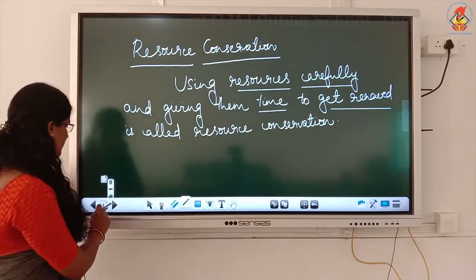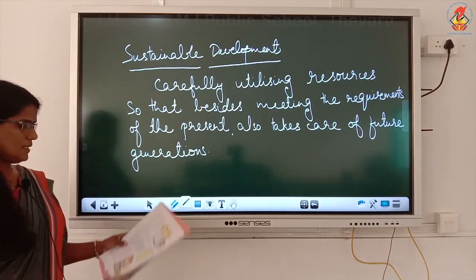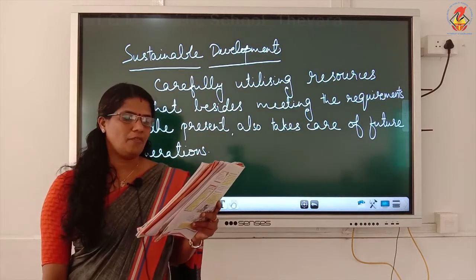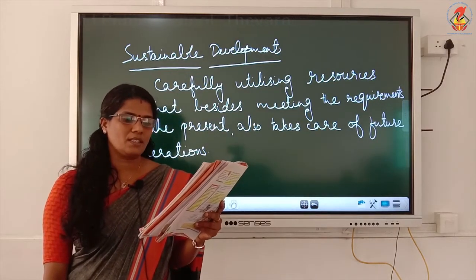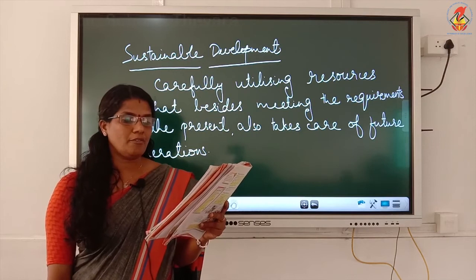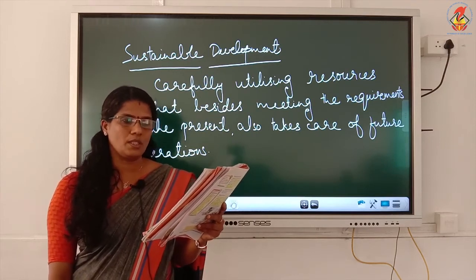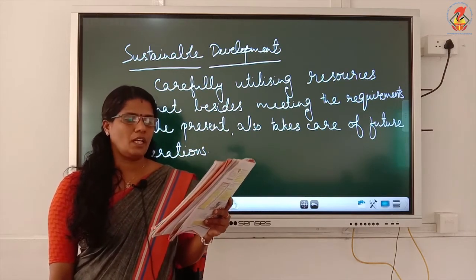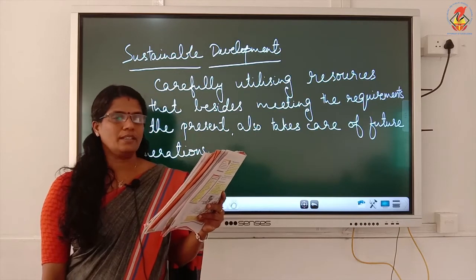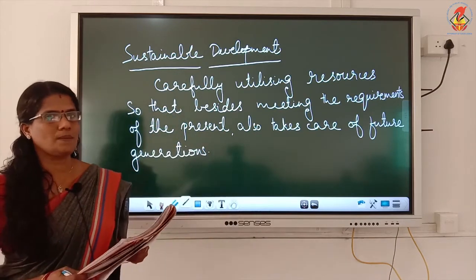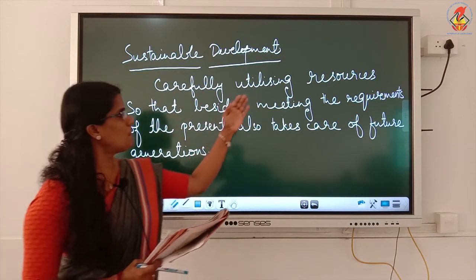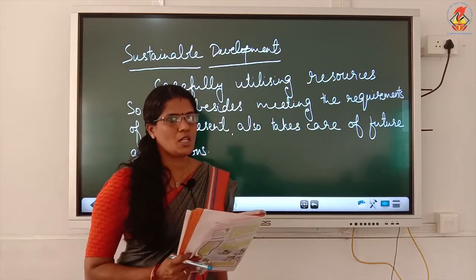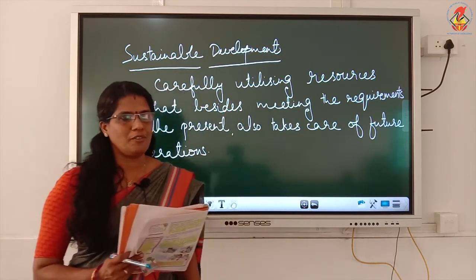Now, the next topic we have to study is what is sustainable development. In the fact box you can see what sustainable development is. Carefully utilizing resources so that besides meeting the requirements of the present, you can take care of future generations. So, we should keep the resources for our future generations, otherwise they won't have enough resources.